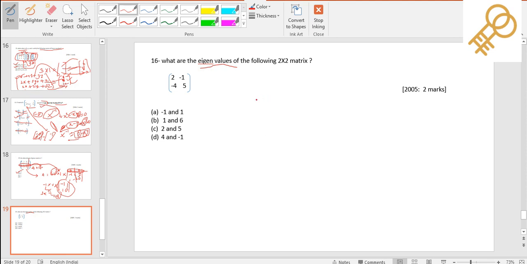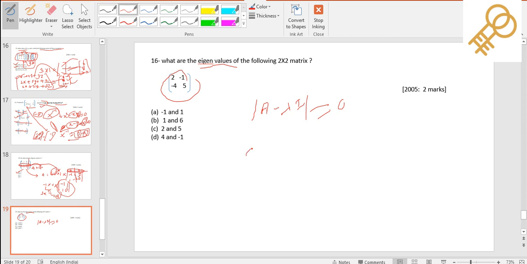So with the help of the characteristic equation that can be done. The characteristic equation of the given matrix can be found with the help of the given relation. Your given matrix is 2 1, 4 5. You subtract lambda times I from that matrix.